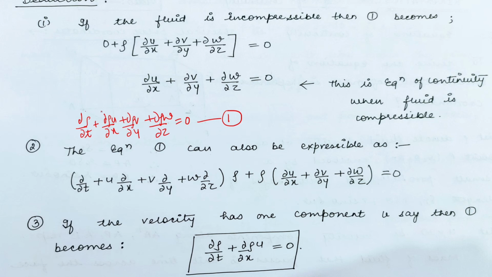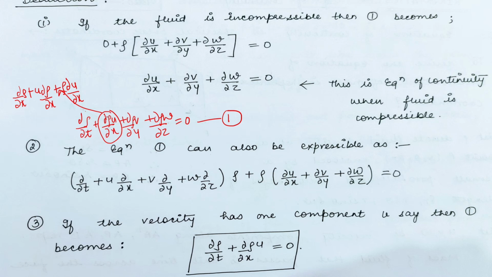We can write it in this form. See very carefully: del by del t of rho, plus this term can be split into two terms. I'll show you how. You take u common out: u del rho by del x plus rho del u by del x. I hope this is clear to you.